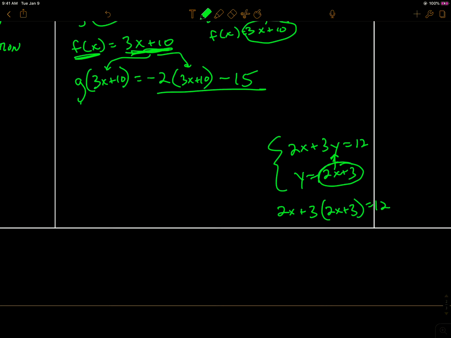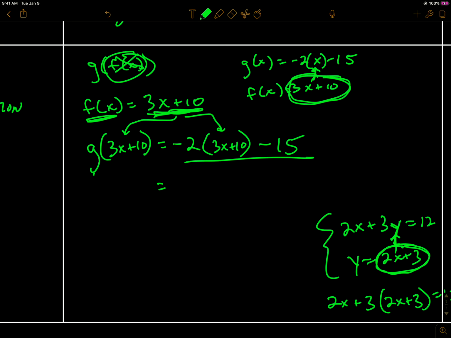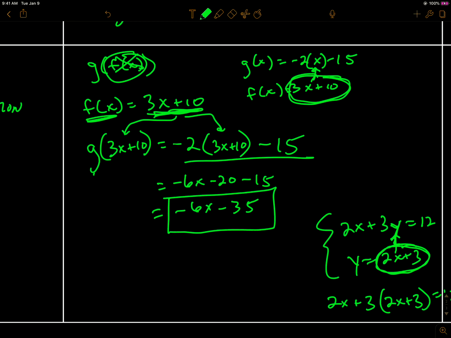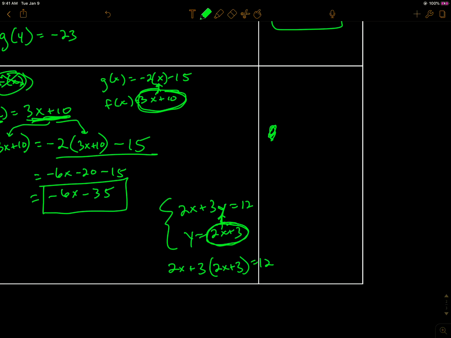That whole expression gets plugged in for y. That's what we just did here. This whole expression gets plugged in for x. And now I can simplify this. I distribute the negative 2. You can say over here that g of f of x equals negative 6x minus 35.